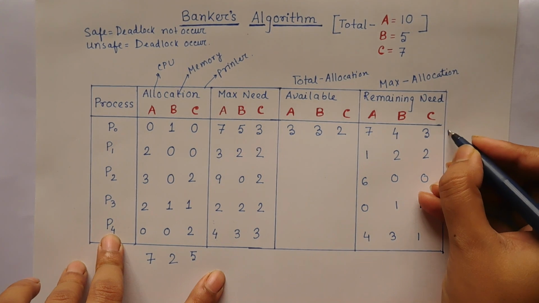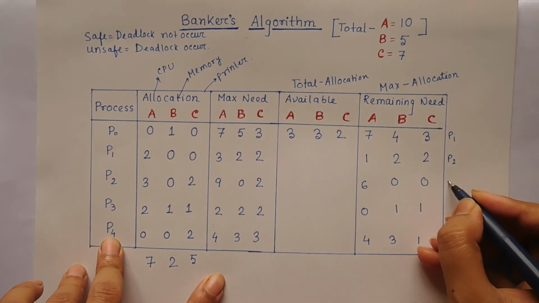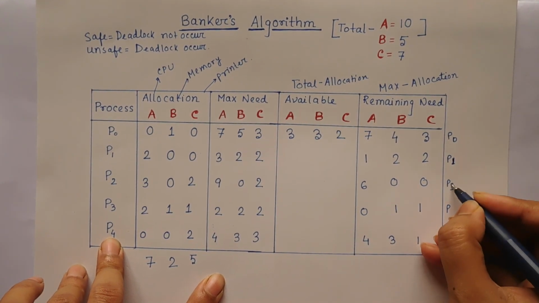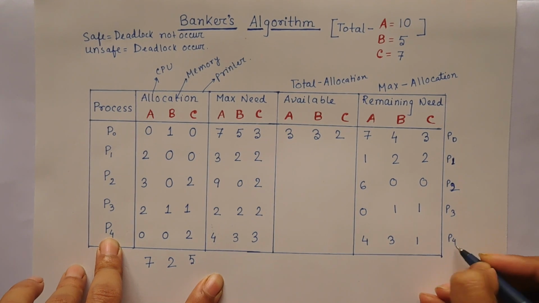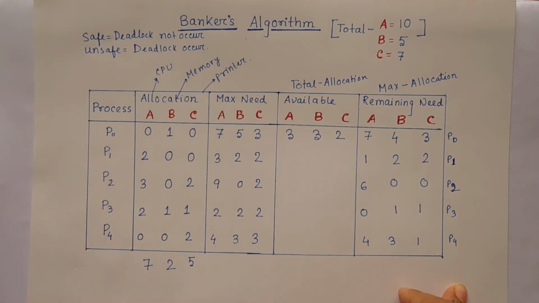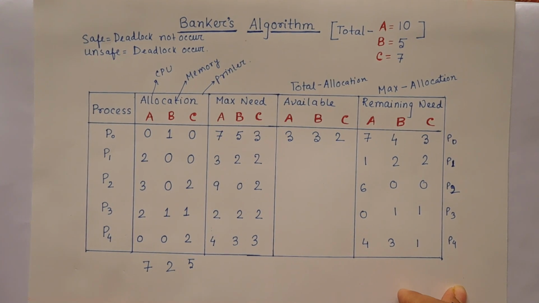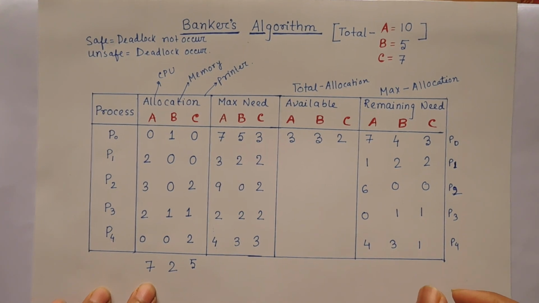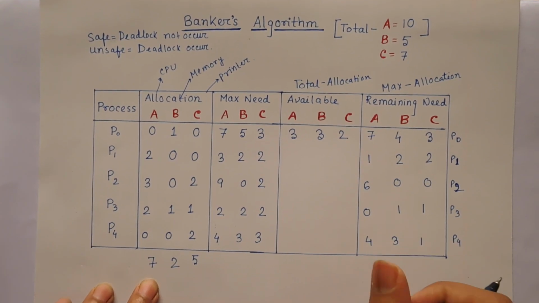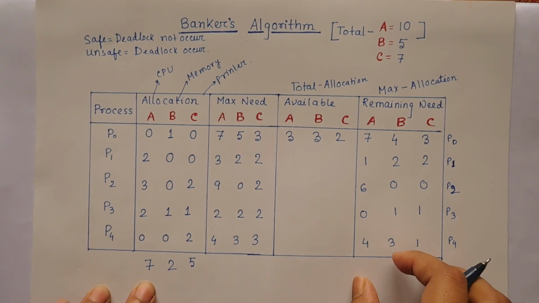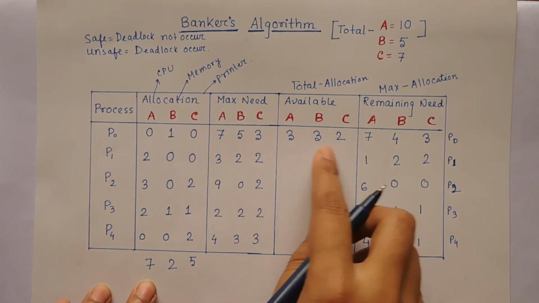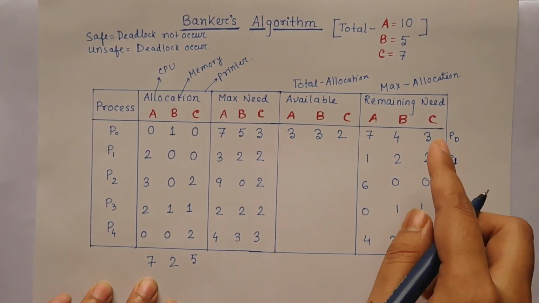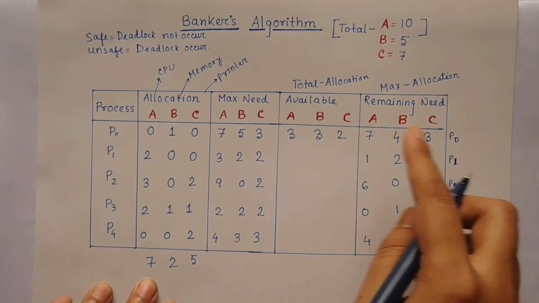Okay, this is the remaining need of P0, P1, P2, P3 and P4. Now we have to decide whether the request or the remaining need is granted or not. That means we have the available instances of the resources, that is 3, 3, 2, and the remaining need of these processes is this.